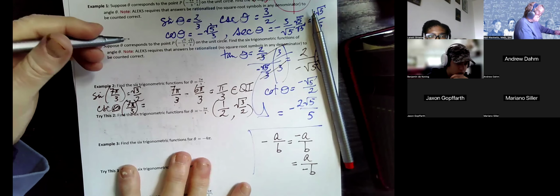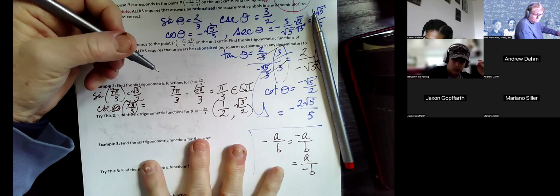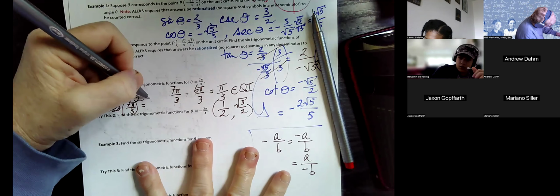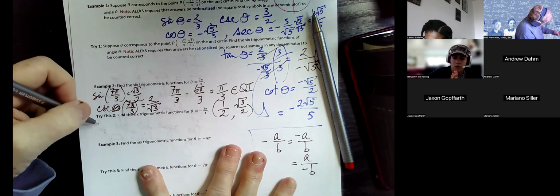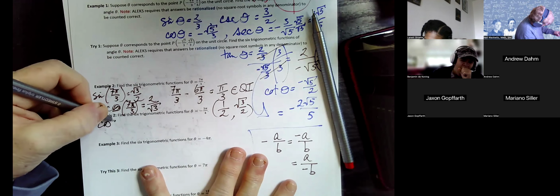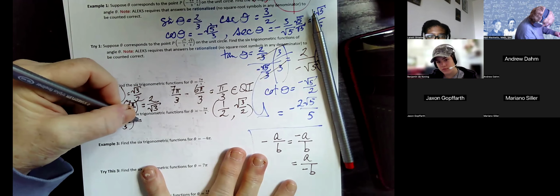So the cosecant will be 2 over the square root of 3. Beautiful. Then we do cosine of 7 pi over 3.